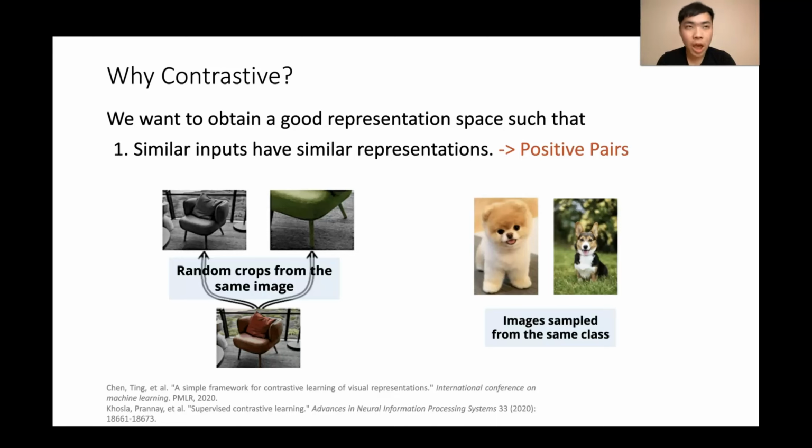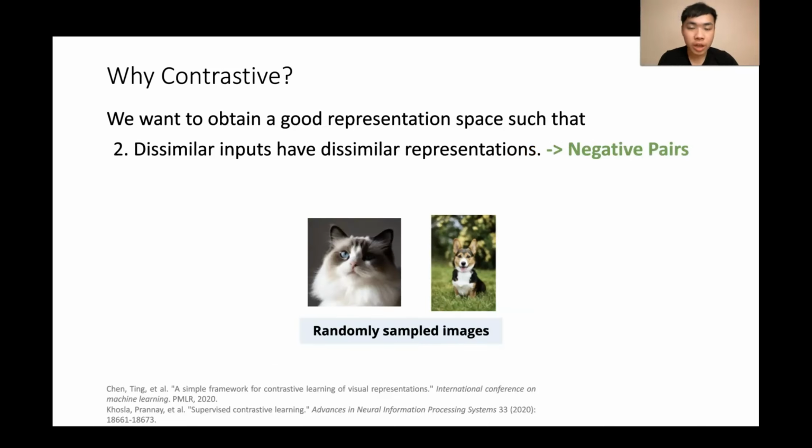And if you have two different augmentations from the same image, they are referring to the same object, so their representations should also be similar. This kind of similar data pair, we call positive pairs. On the other hand, if you have two images from two different objects or two different classes, their representations should be dissimilar from each other. This kind of data pair, we call negative pairs.